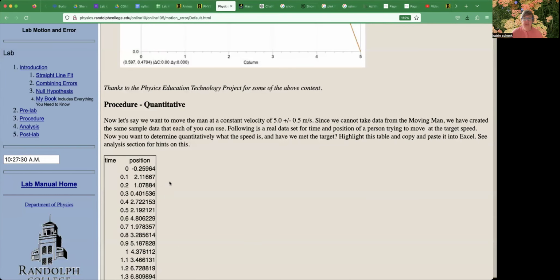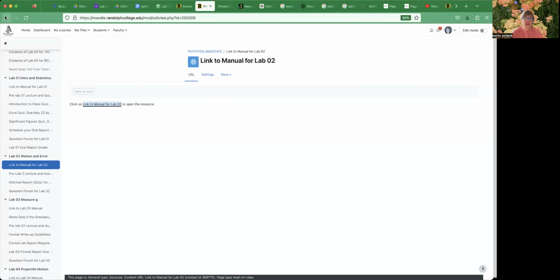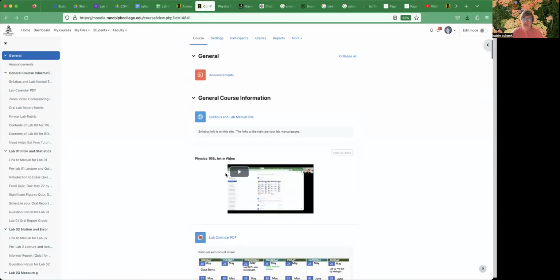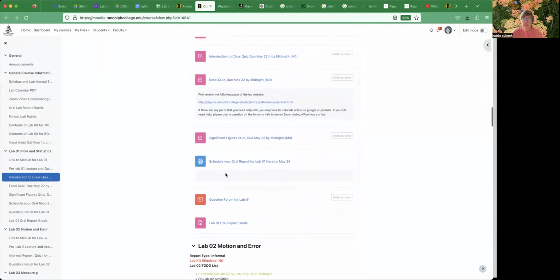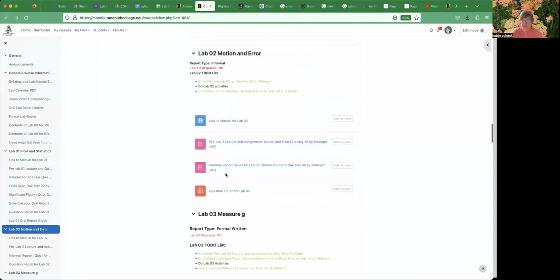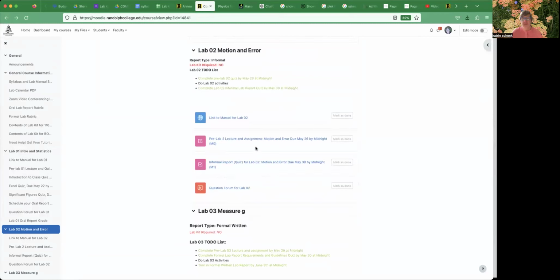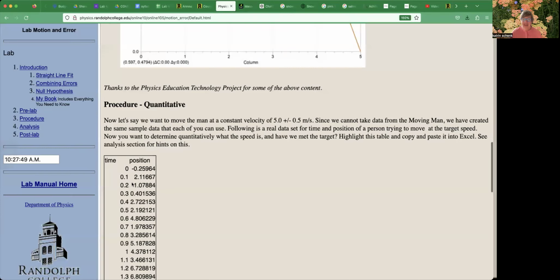Now, if you don't want to copy it here, I believe, let's go back to our Lab 2 manual, scroll down again. Here we go, down to Lab 2. Yeah, I think you do have to copy it off of that page, but it's really easy to copy it, right? You just literally highlight it. You can highlight the whole thing and paste it right into Excel, and then you're good to go.